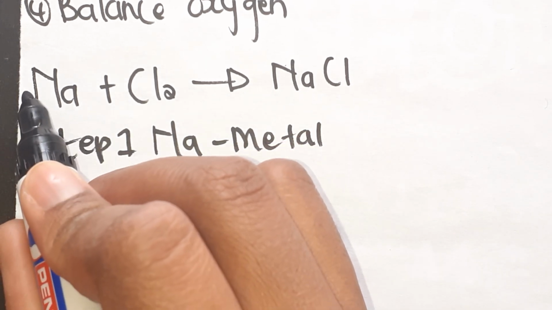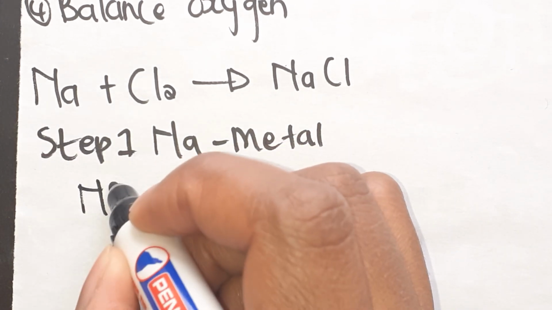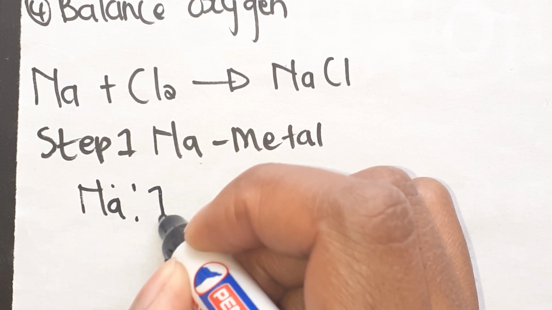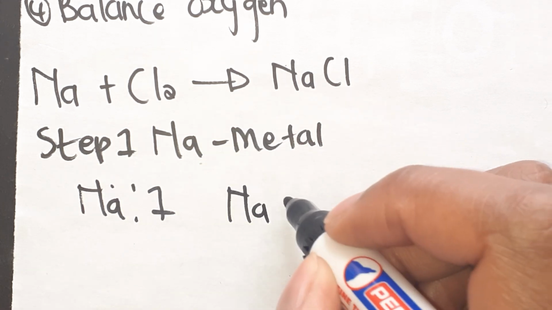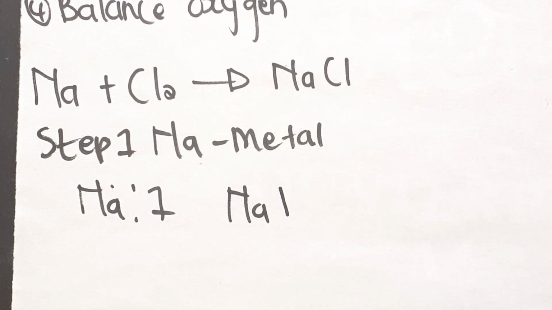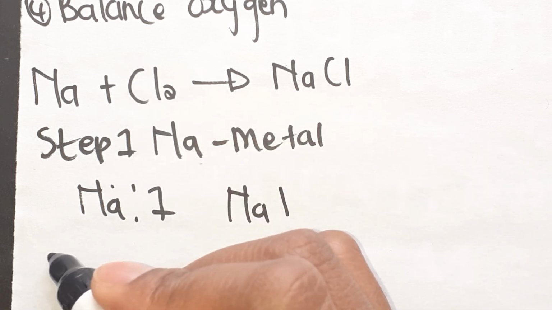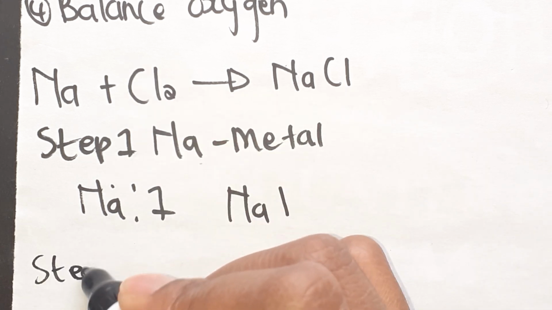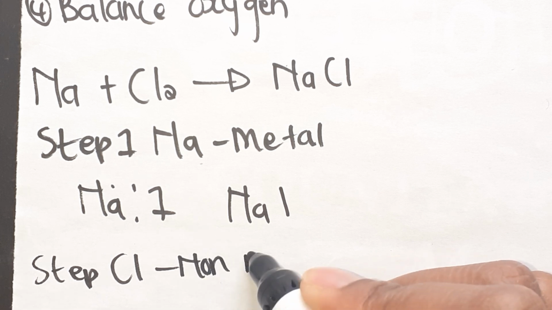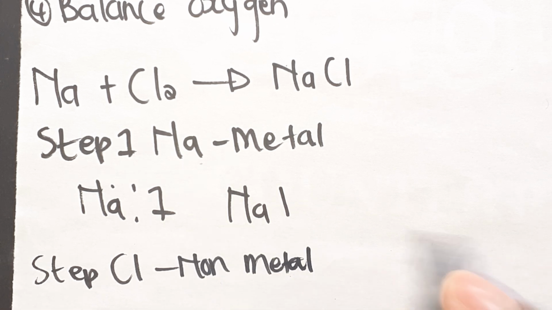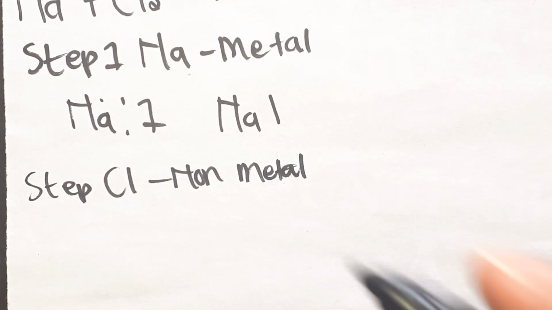Na, this side, the coefficient is 1. Na, the coefficient is 1. And on the other side, for Na, the coefficient is also 1. All right? So now we will move to Cl. Cl is a non-metal. So we're going to balance non-metals.